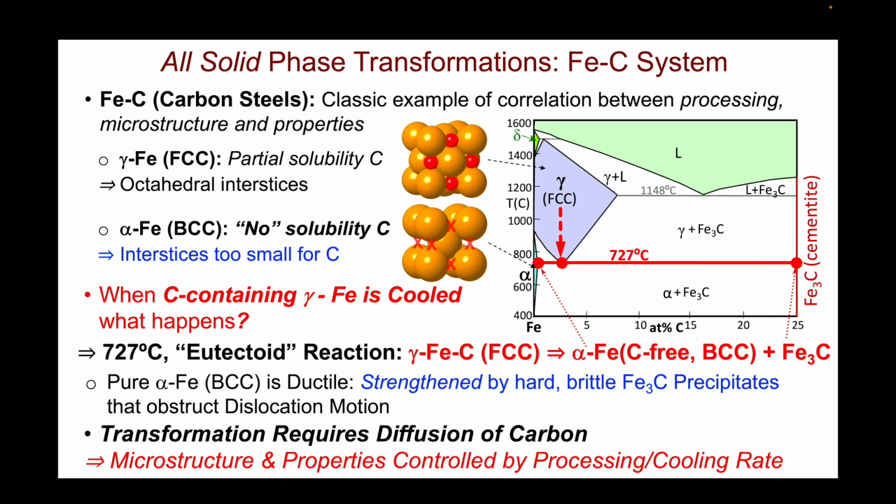The transformation requires diffusion of carbon and concentration of the carbon atoms into the regions forming the Fe3C precipitates. This takes time, and as a result, the microstructures and the properties can be controlled by the processing and cooling rate through the transformation.